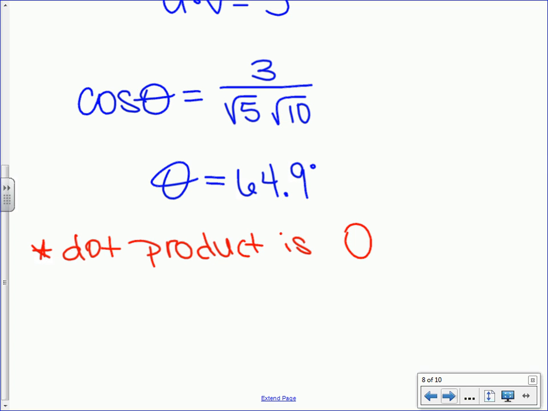Where is the cosine 0? 90 degrees. So if the dot product is 0, this becomes 0, and our vectors are perpendicular, or as we like to call it, orthogonal.